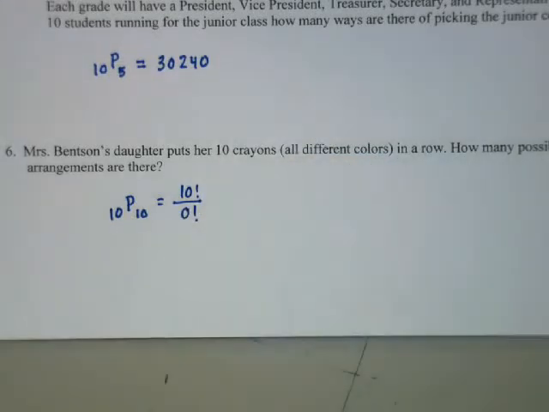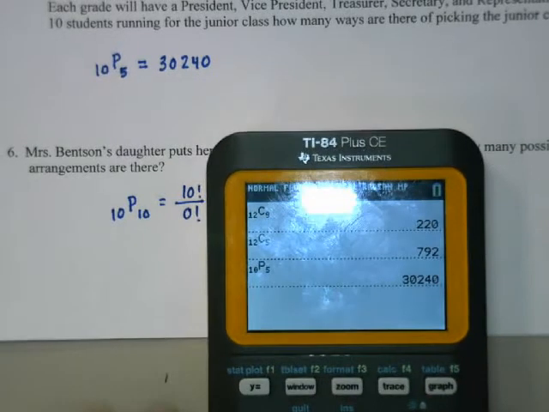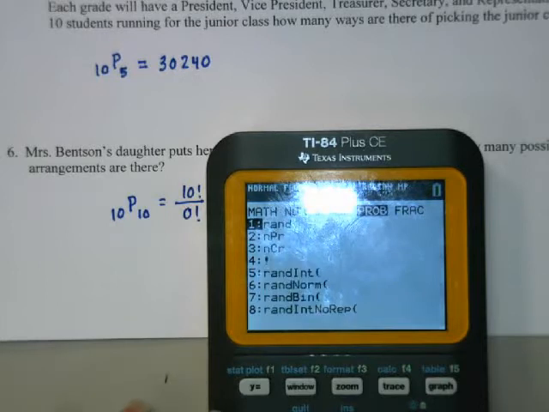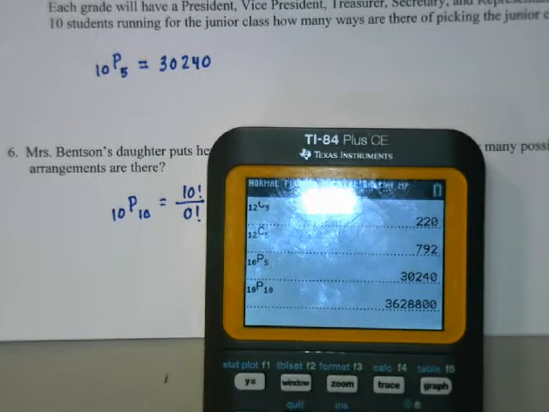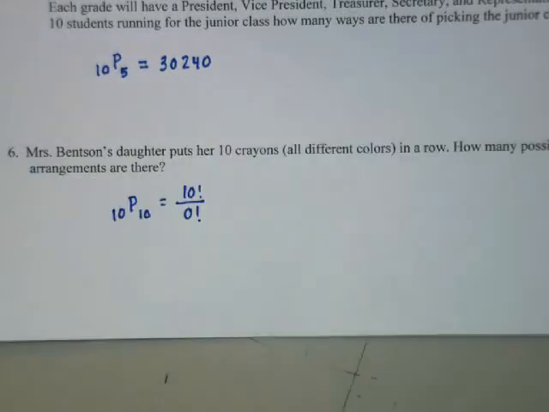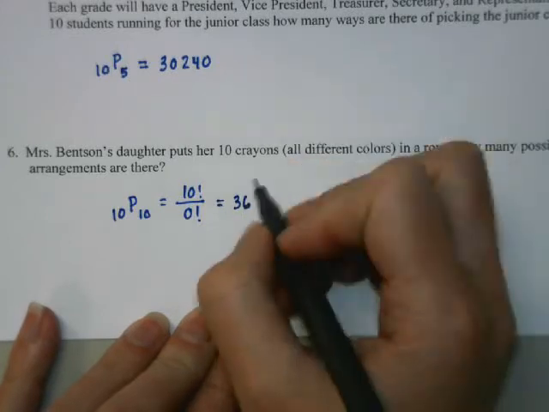So this would just be 10 factorial, or we can just do the same thing in the calculator. 10P10 is going to be 3,628,800 options. And trust me, she's probably tried all of them.